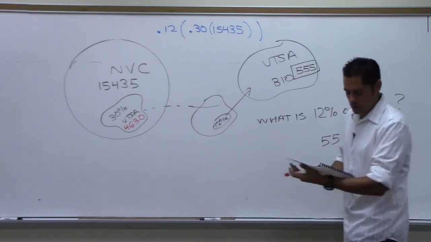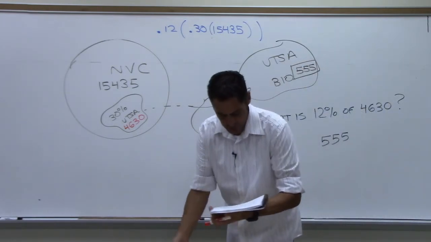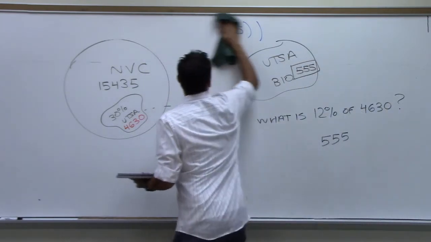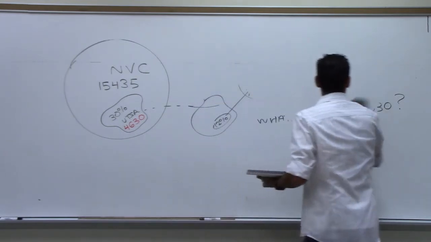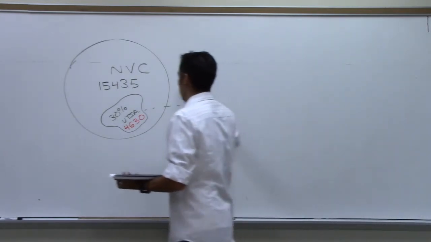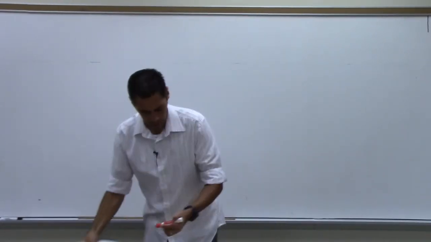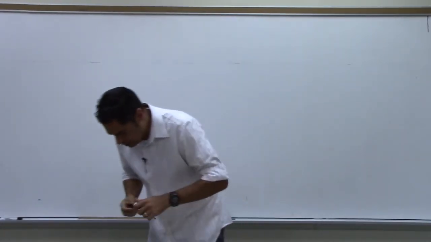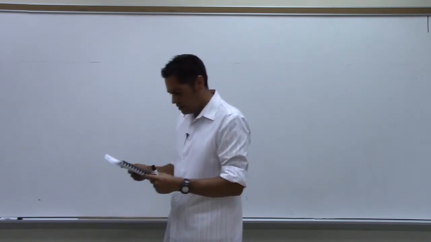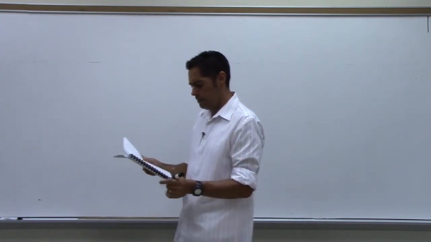Assume there are 425 statistics students at Northwest Vista College. So I'm going to start using these little blobs to draw pictures to try and help me see what's going on here. Wait, did I skip a problem? I did.